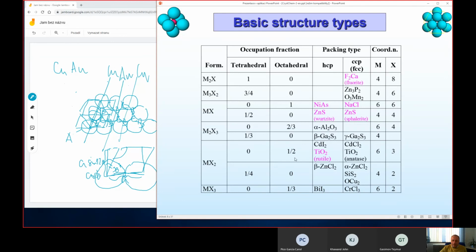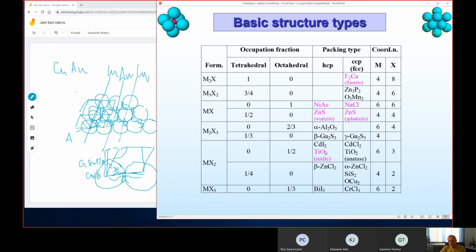If we arrange the octahedral sites occupied and unoccupied in a different pattern, we obtain the rutile and anatase structures, which are the polymorphs of titanium dioxide corresponding to hexagonal and cubic close packing.